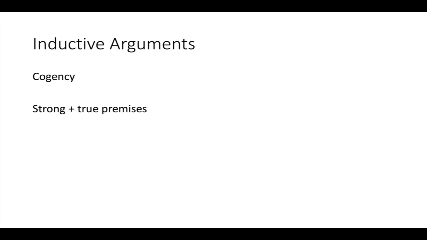Okay, even a very strong inductive argument isn't going to get us anywhere if it doesn't start with something that's true. And so we have this other notion, another term for an inductive argument that's strong and has true premises, and that term is cogency, or we say the inductive argument is cogent if it's a strong inductive argument with true premises.